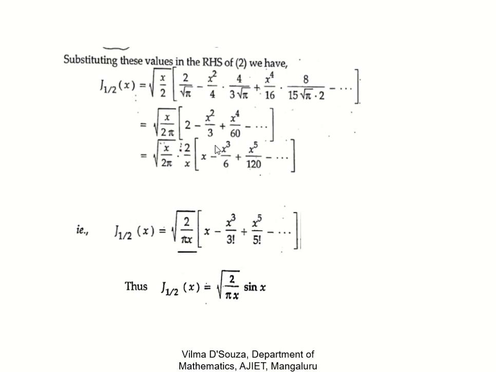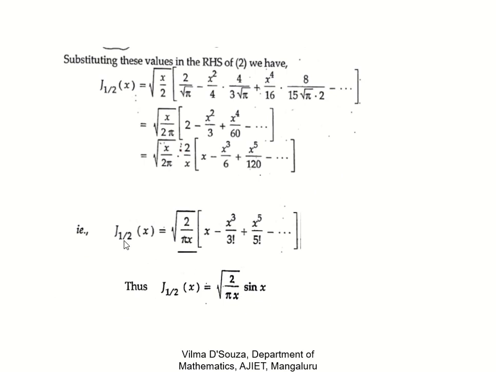So when you multiply by x by 2, the 2 gets cancelled: x minus x square by 3 into x by 2, so x cube by 6, plus x to the power 5 by 120, and so on.